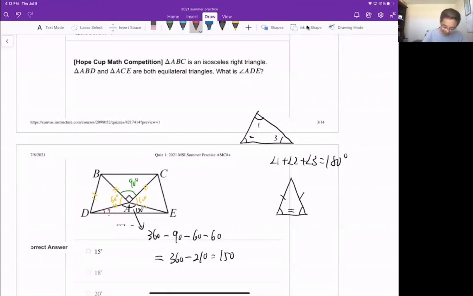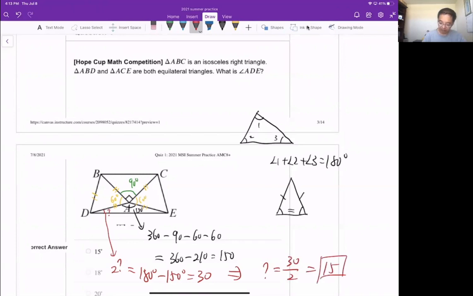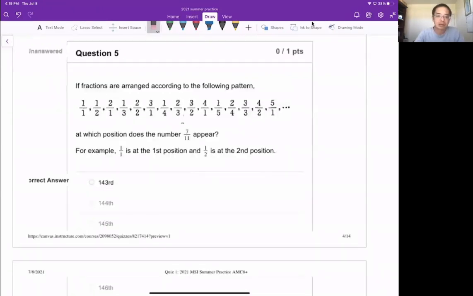So this angle, twice this angle, equals 180 minus 150, which is 30. And this immediately tells us this angle, which we're looking for, is 30 divided by 2, which is 15 degrees.